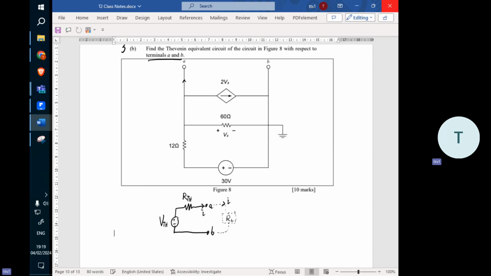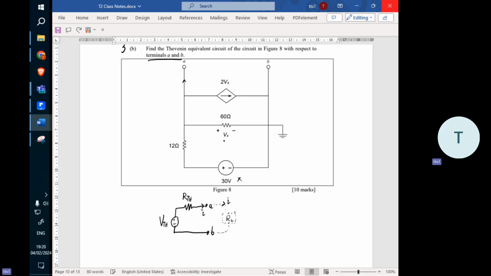Okay, same for this one. So what we do here, first step, we need to calculate the Thevenin voltage. What I can give you as a good start is that the Thevenin voltage is the voltage across A and B, which is VTH. It's not this 30 volt, okay?